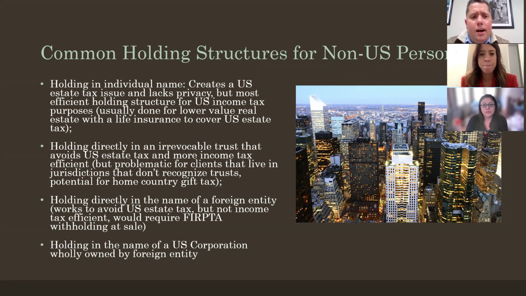Second one is holding directly in an irrevocable trust that avoids U.S. estate tax. And this is actually a little more income tax efficient than a traditional corporate structure. A trust is not so great with income tax if the trust doesn't distribute, because of very compressed income tax brackets, but it's very efficient for long-term capital gains if they hold the real estate for more than 1 year.